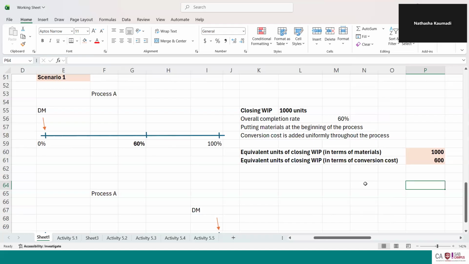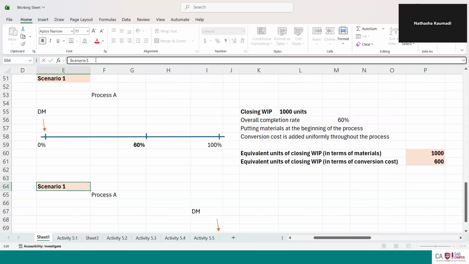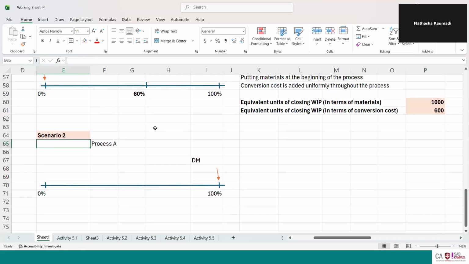Moving on to scenario 2. I will take this scenario as scenario 2. Okay. Here I'm doing some changes. Now, let's say we are at 40%.